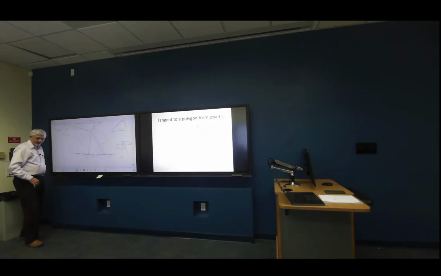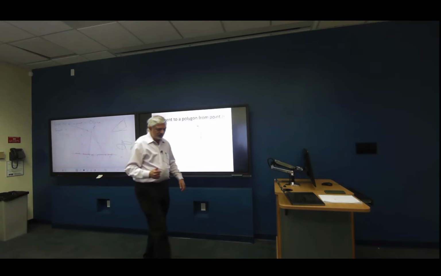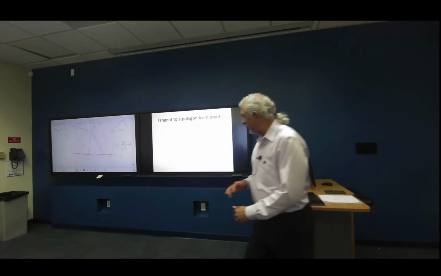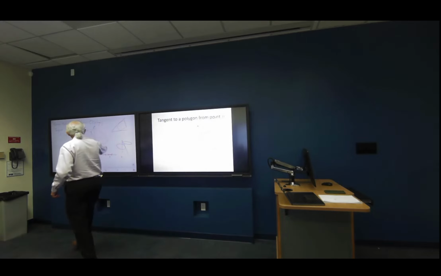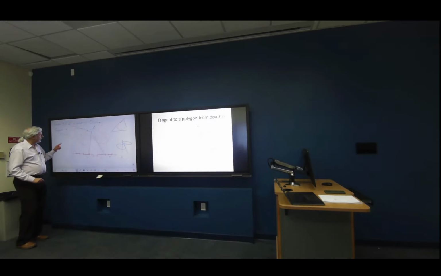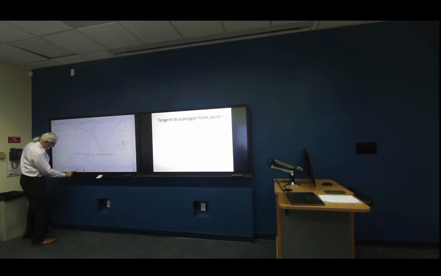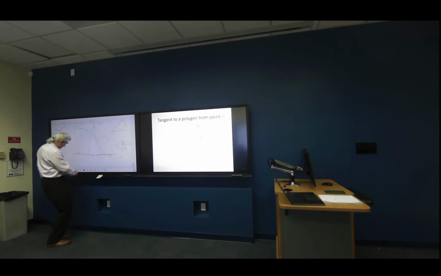Finding the x-intercept. By the way, in the tangent, what I'm really going to find is not the tangent, but the tangent points. I'm going to find this point here, and I'm going to find this point here.